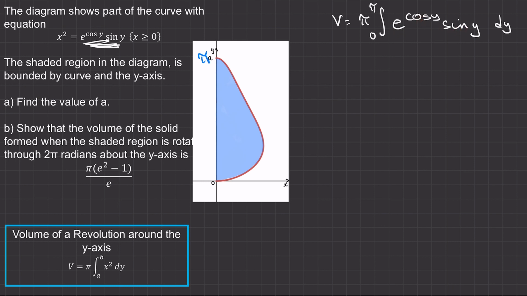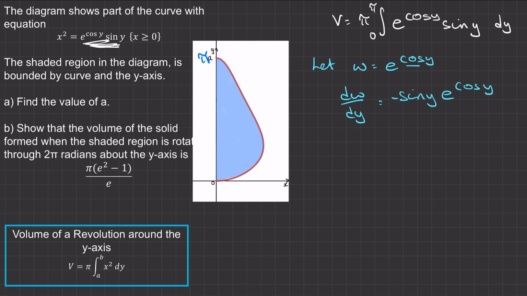So what I'm going to say is, if we let w equal e to the cos y, and we found dw by dy, then we get the derivative of cos, minus sine y, times e to the cos y. And it is this negative which we need to scale.